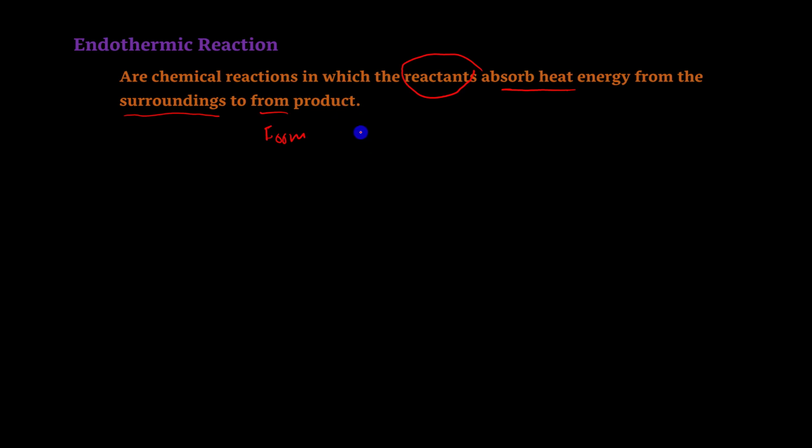For example, we can see it in the forming of nitric oxide. When nitrogen gas reacts with oxygen gas, after this reaction, we get nitric oxide.